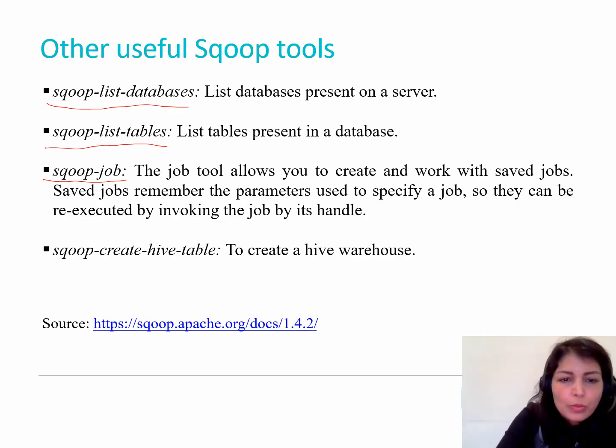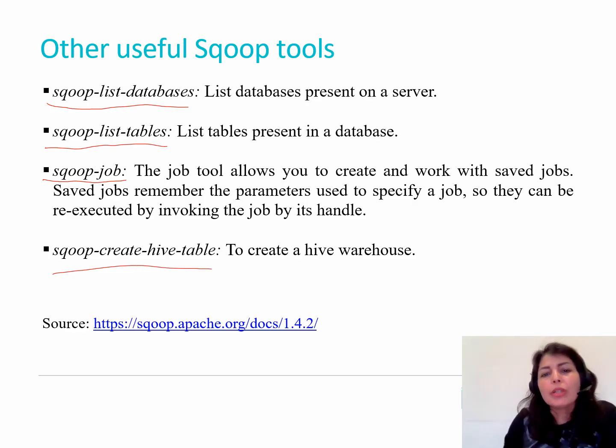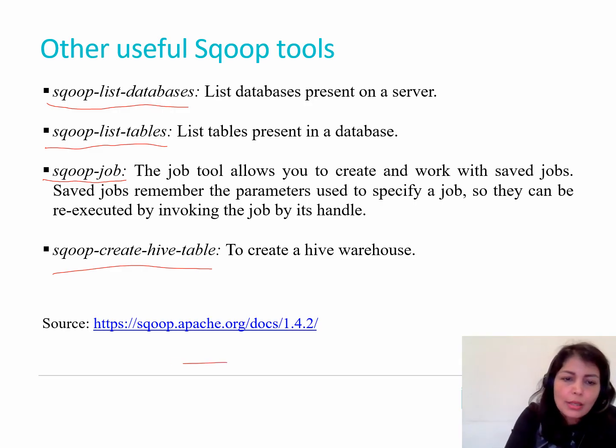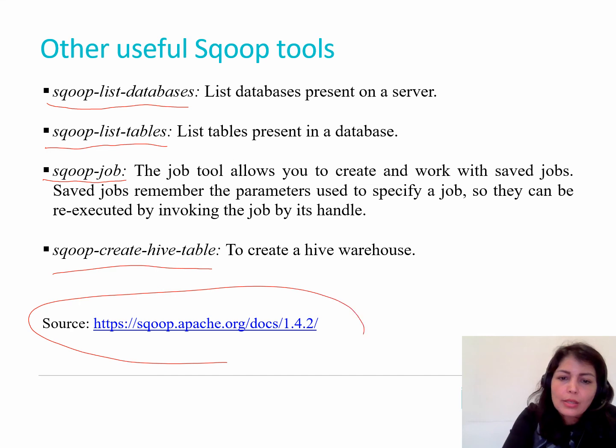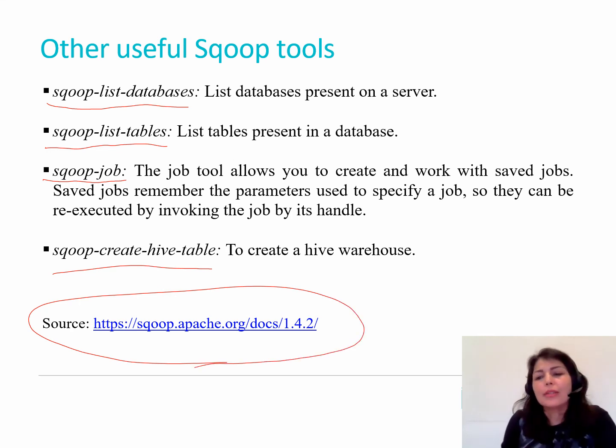We also have a Sqoop create hive table, which enables you to create a hive warehouse. And if you want more information about the Sqoop tools, you can go to this reference and get more information.